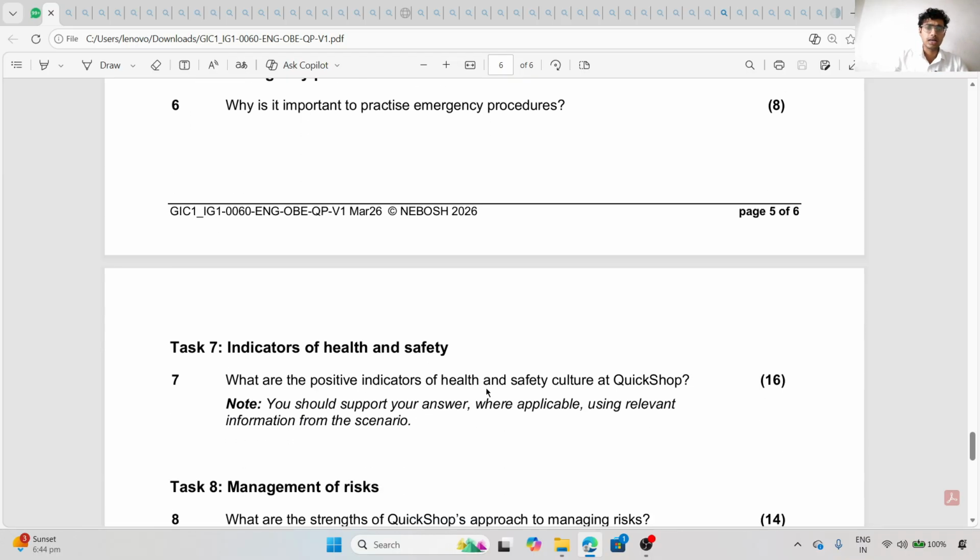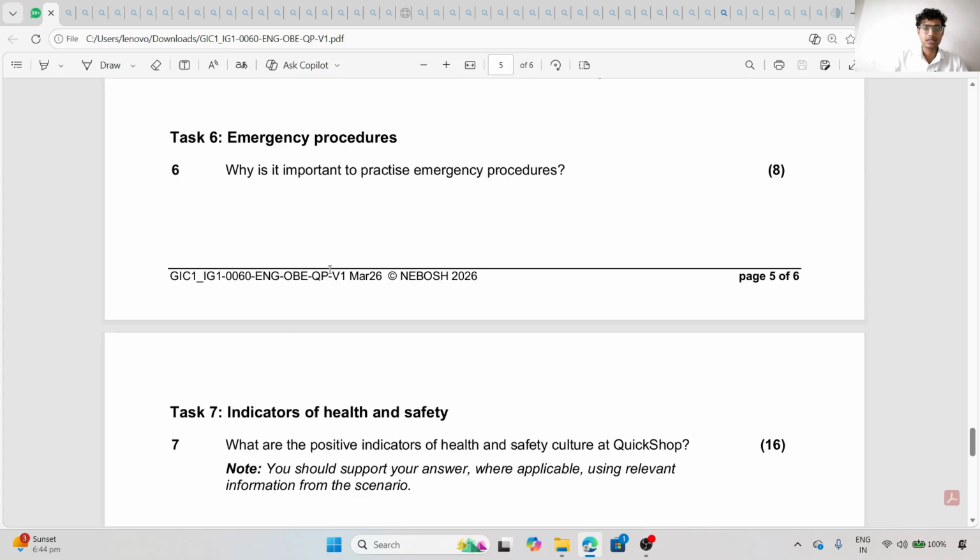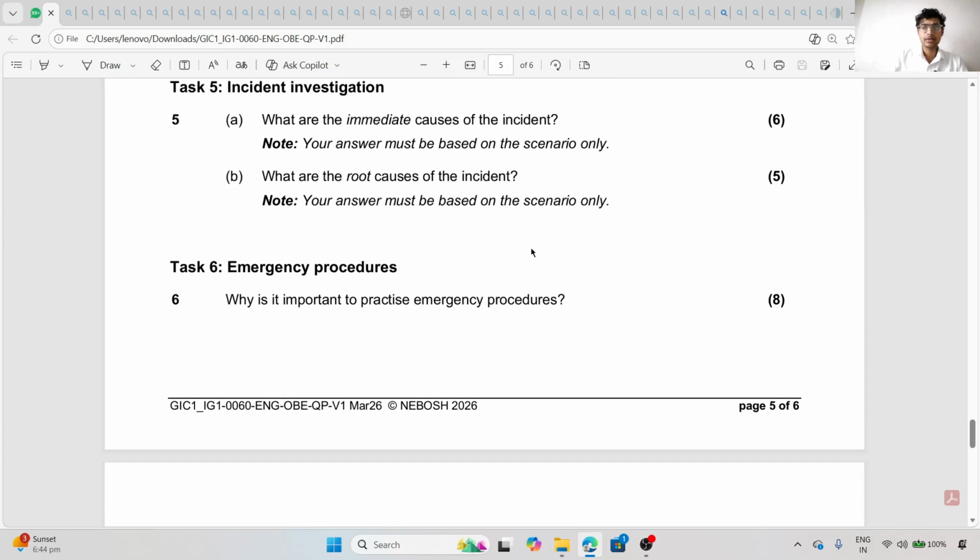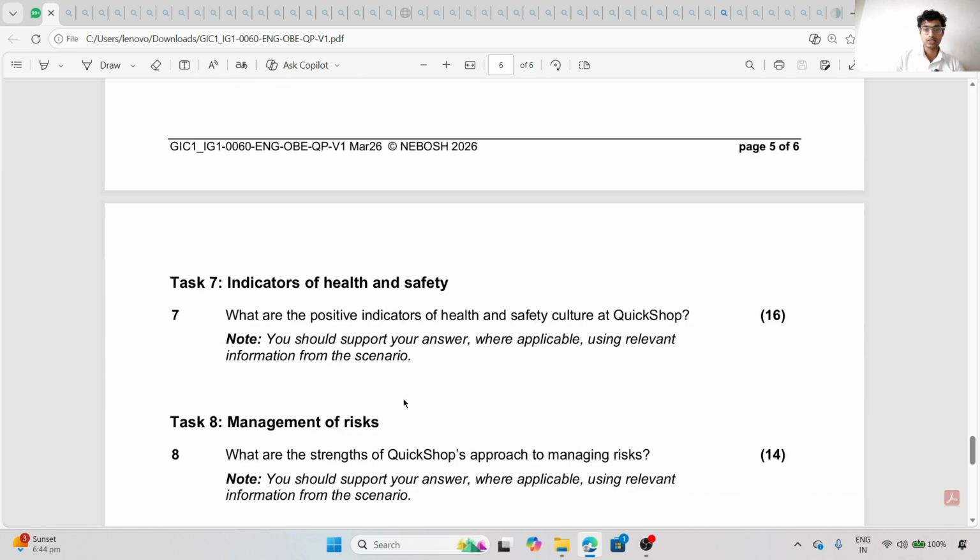Here it is not asked to give the answer from the scenario, so you can elaborate it. You can add your knowledge and your experience there. It could be regarding this situation also. You can find in task 6, they are not asking this, while for all the rest of the questions the scenario is asked: support your answer where applicable using relevant information from the scenario.